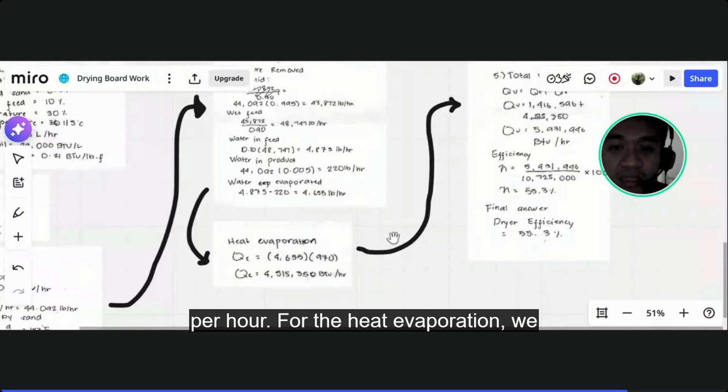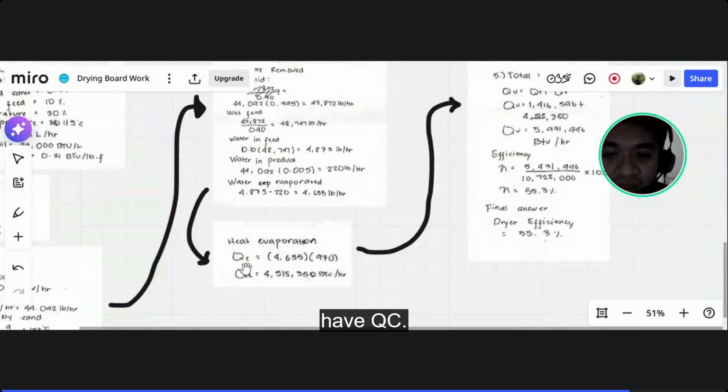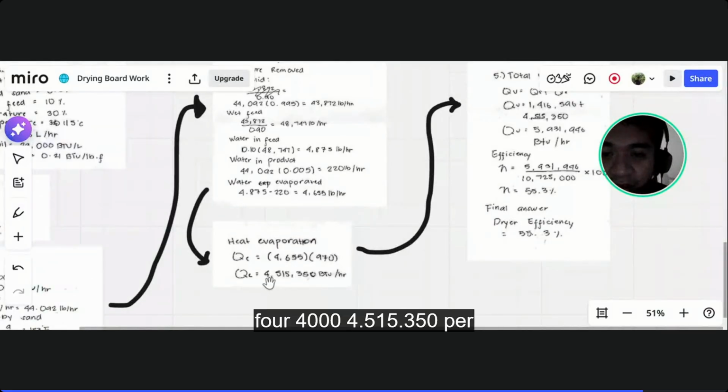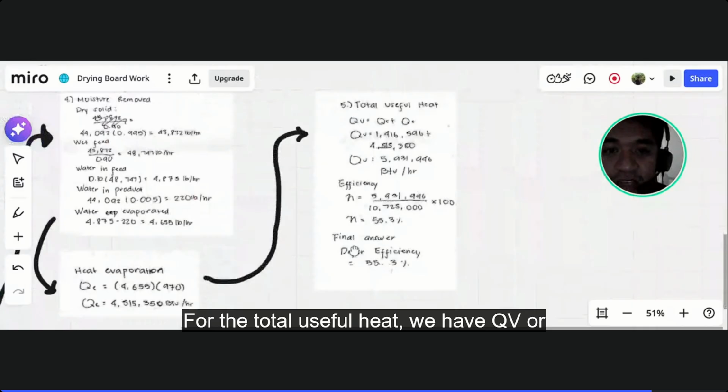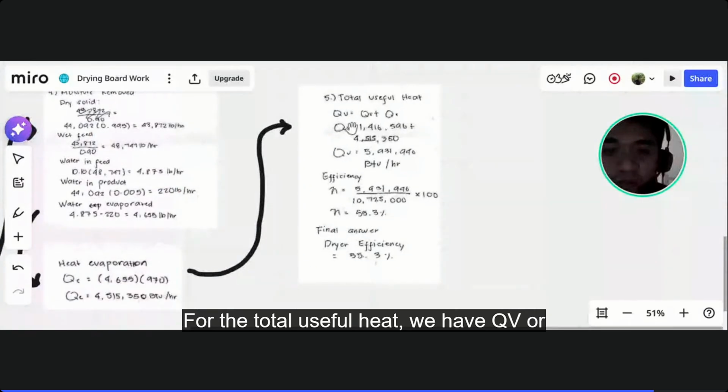For the heat of evaporation, Qe, we have 4,655 times 970, and we accumulate 4,515,350 BTU per hour.